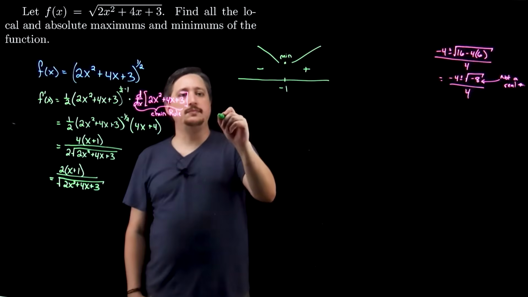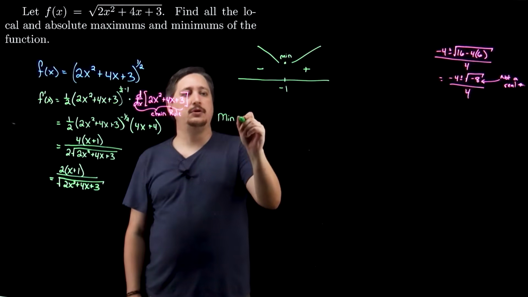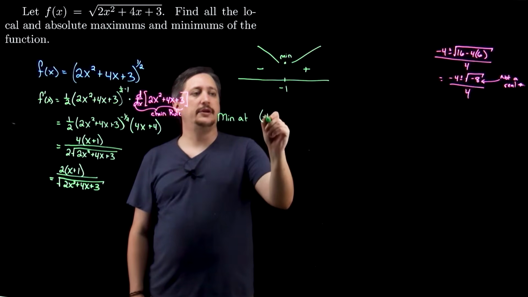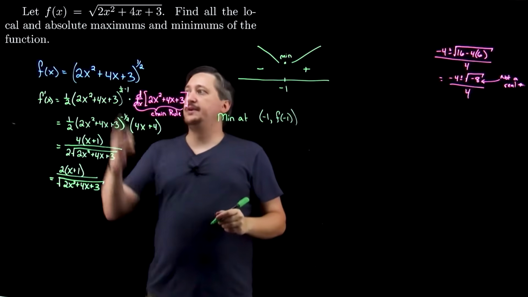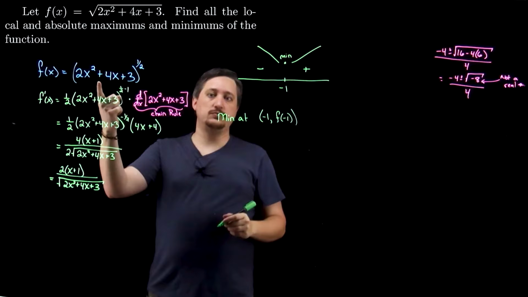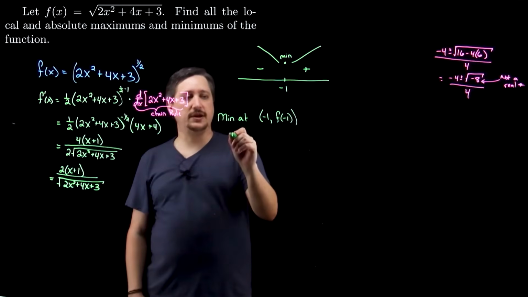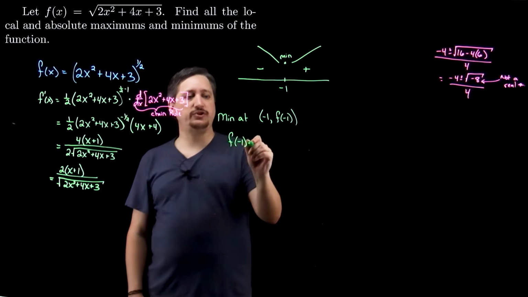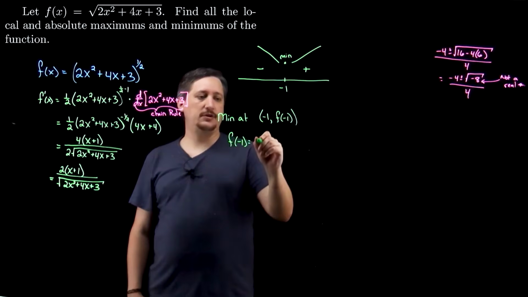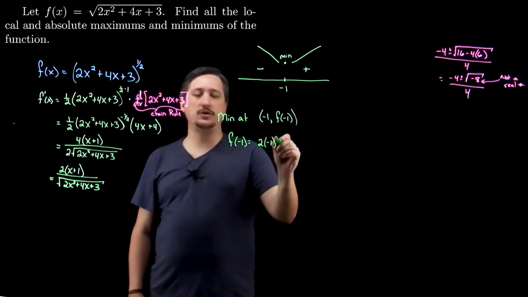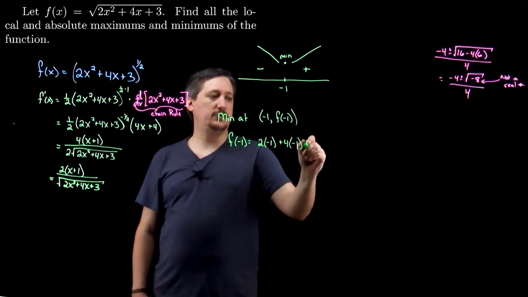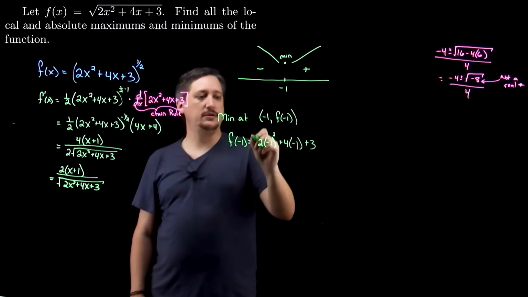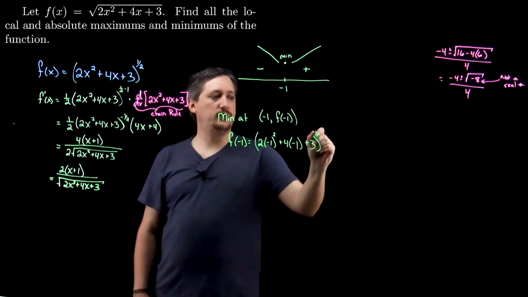So minimum at negative 1 comma f of negative 1, which means I need to plug in negative 1. So I'm going to look at f of negative 1, which equals the square root of 2 times negative 1 squared plus 4 times negative 1 plus 3.